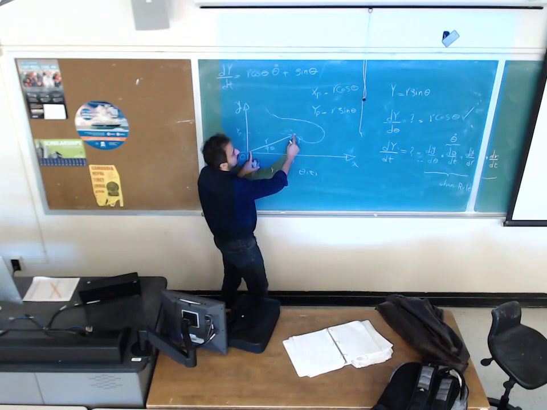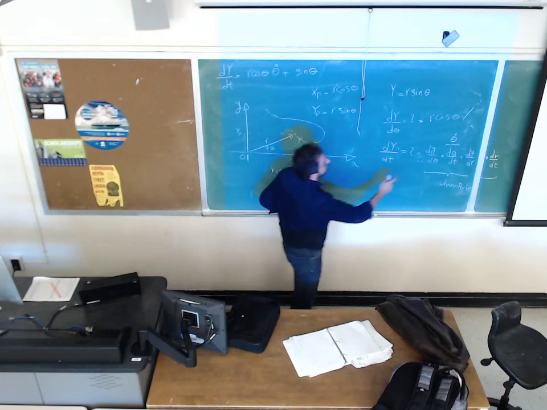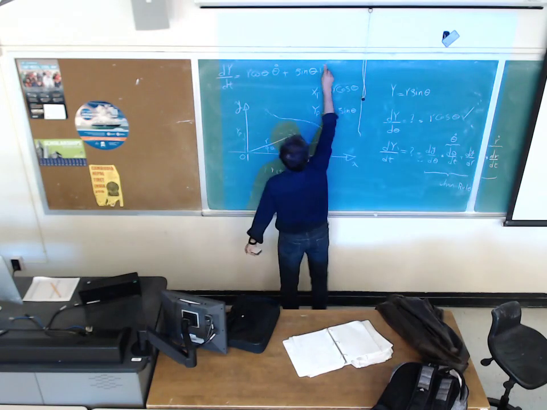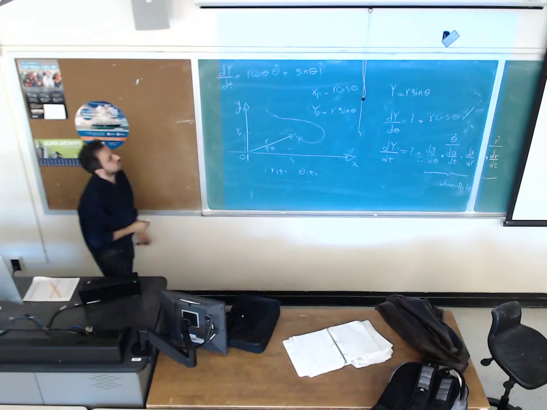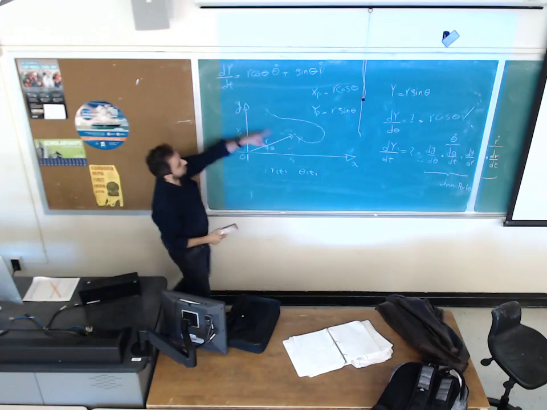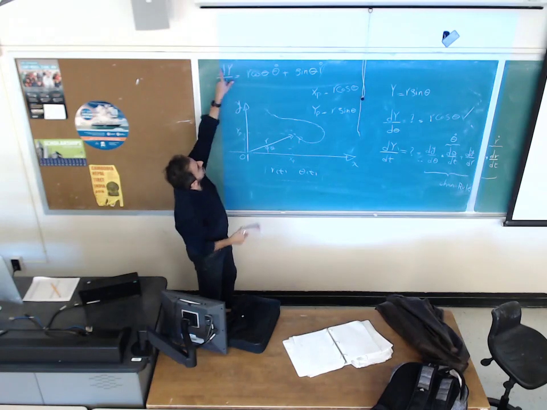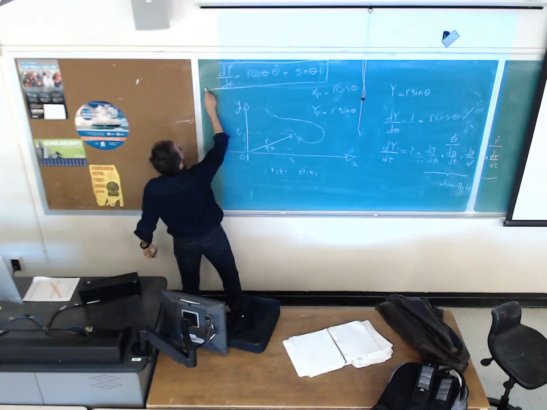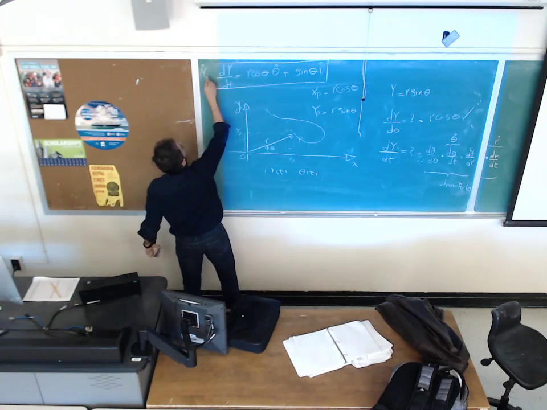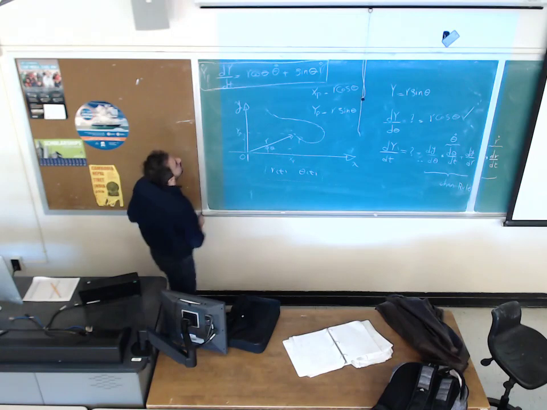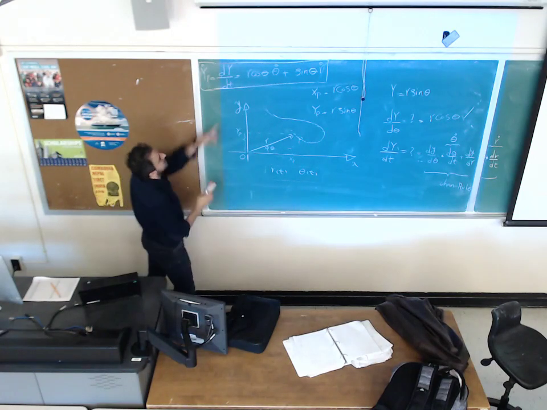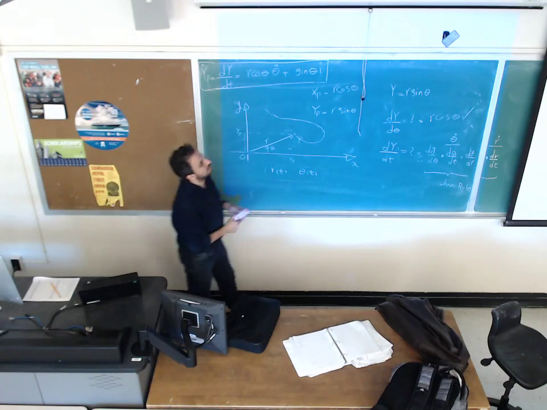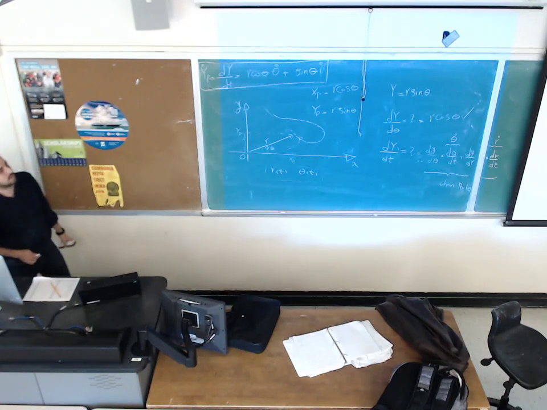How this distance is varying with respect to time is r dot. So the y component of point P has this as its velocity. It's going to be y dot of point P, which is dy over dt, and it's going to have these two terms. Any question about this?